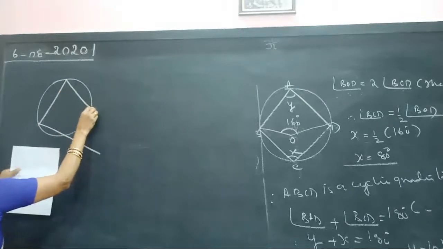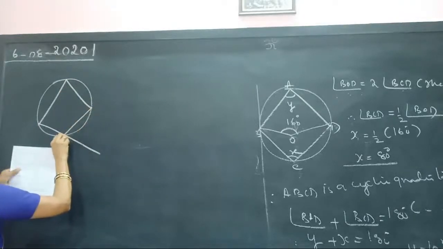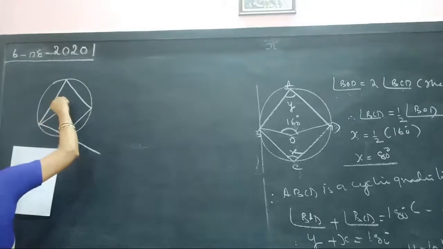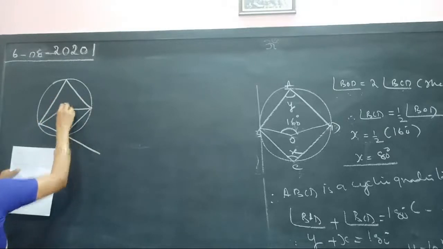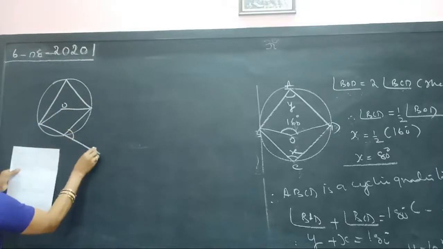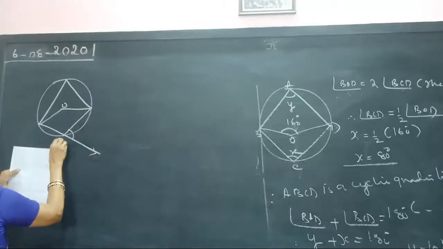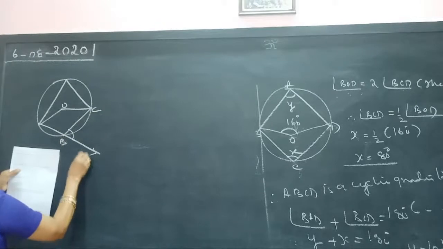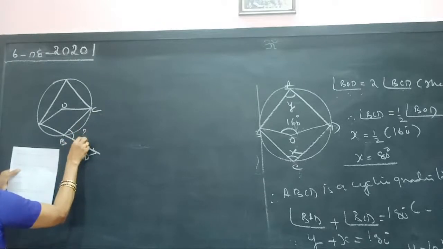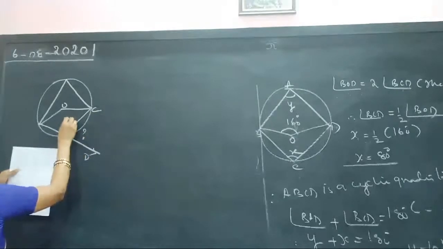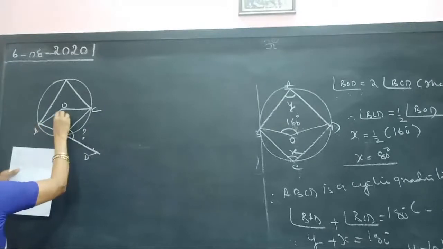Take the figure properly in your notes also. The question is already with you. So this is angle BCD, CBD. We require the measure of CBD where angle AOC is 100 degrees.